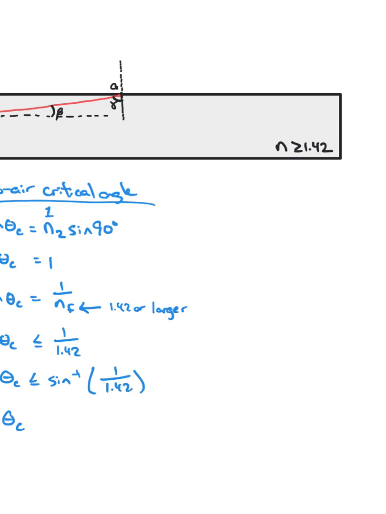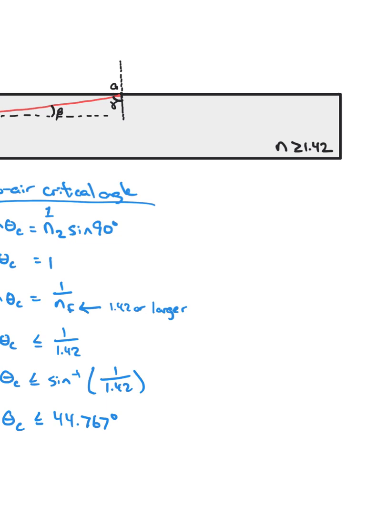So the critical angle is going to be less than or equal to, let's do this in the calculator, 44.8 degrees. I'm going to keep a couple of extra digits: 44.767 degrees.